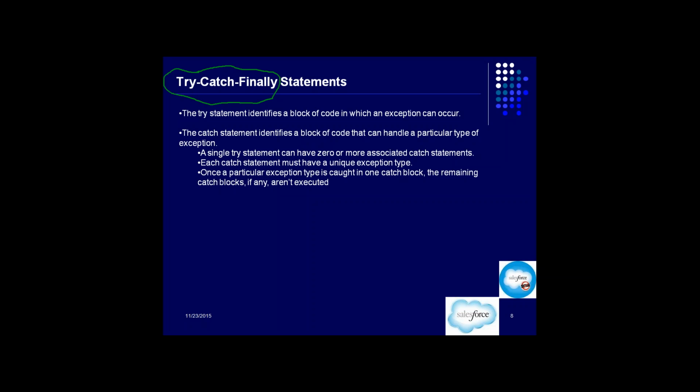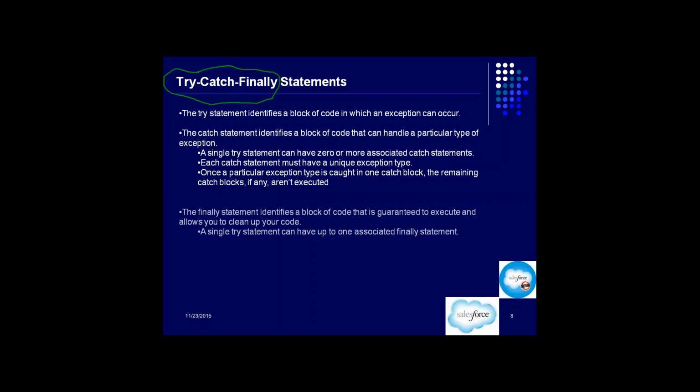Okay. So the code in which an exception can happen should be written in the try statement. Handling the exceptions should be written in the catch. And then there is one more, the finally statement. A finally statement identifies a block of code that is guaranteed to execute and allows you to clean up your code.